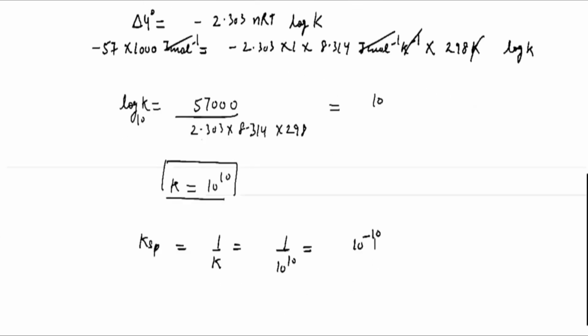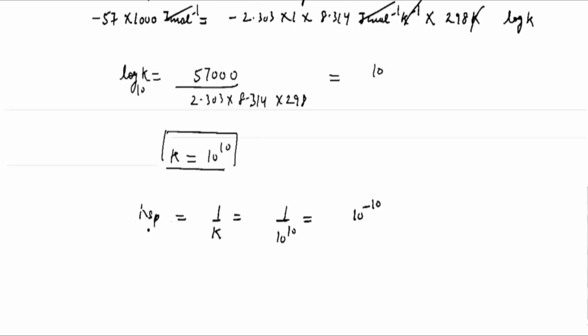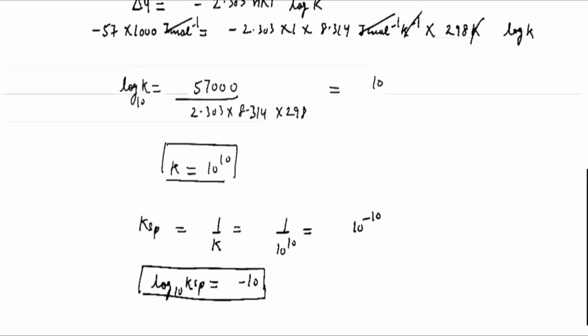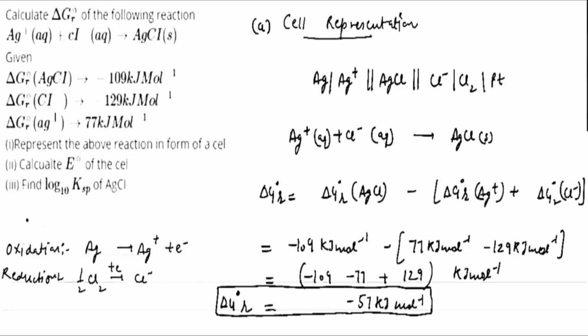But we have to find log base 10 Ksp. So this is equal to minus 10, because the minus 10 comes down into log 10, and log 10 value is 1. So it is minus 10. I hope you understood the solution. Thank you.